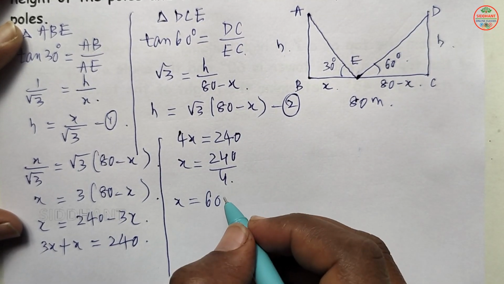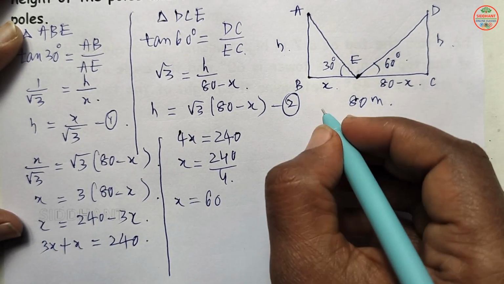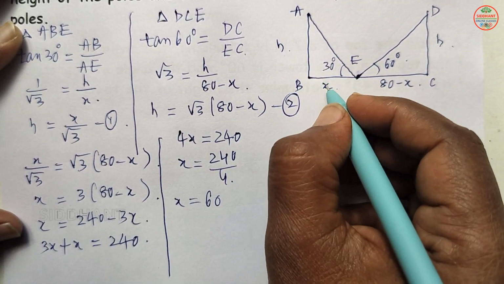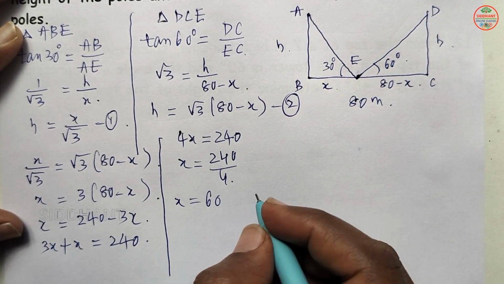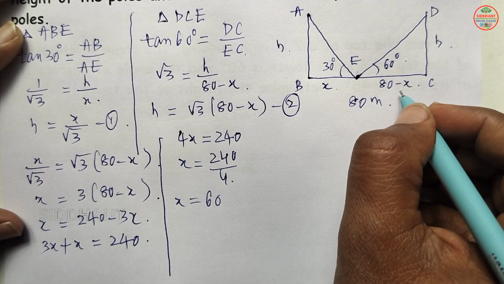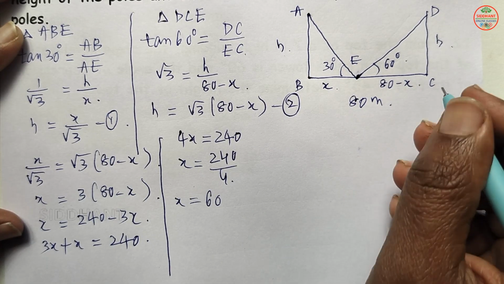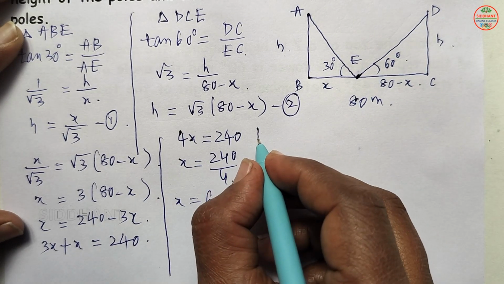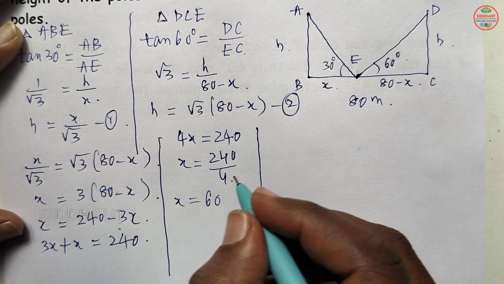In the question they asked the height of the pole, not X. So when you look at this angle, we get X as 60, and here we get the distance 80 minus 60, which is 20. Let us substitute X in equation 1.